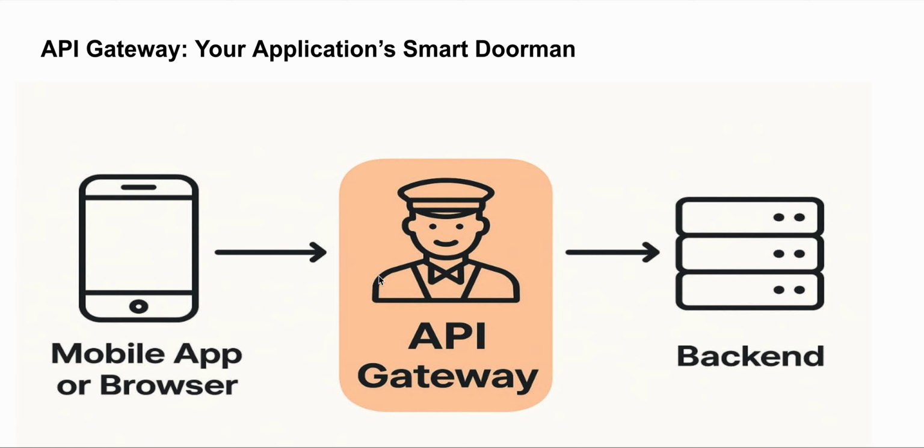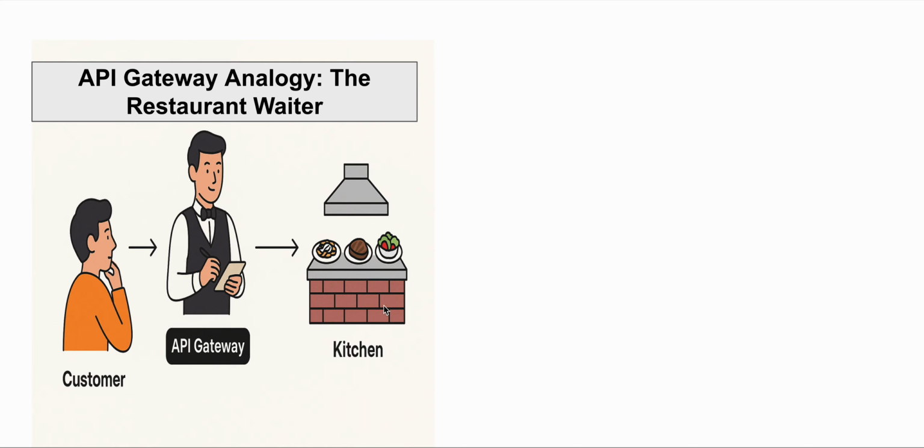This gateway receives the request, routes it to the correct microservice and returns the response, all while handling security, logging, and sometimes even translating between different protocols. We will take a very simple example to understand how an API gateway works.